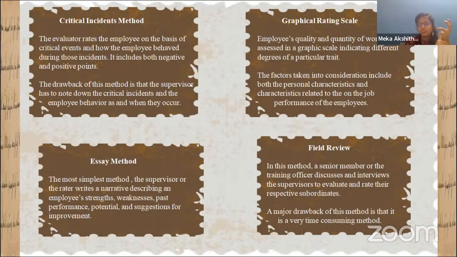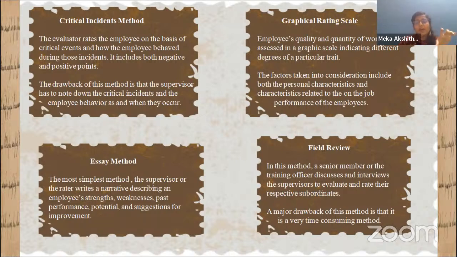They list the strengths, the weaknesses, what tasks the employee took up, how effective their performance was, and why they rated them good if they did. Everything should be justified.